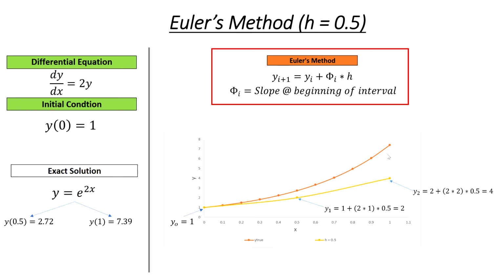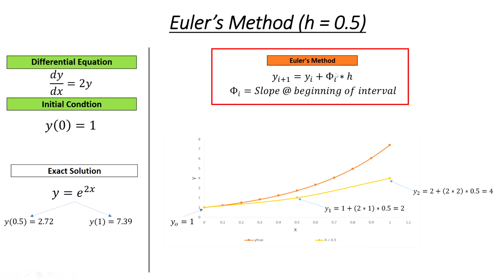So let's actually see how this works. We're going to take the information at this initial point that we have here, which is y_0 equal to 1. So basically y is 1 at x equals 0. We're going to be using this equation here, Euler's method, to figure out what the estimated y value is at 0.5. We know that y_i here, or y_0, is 1.